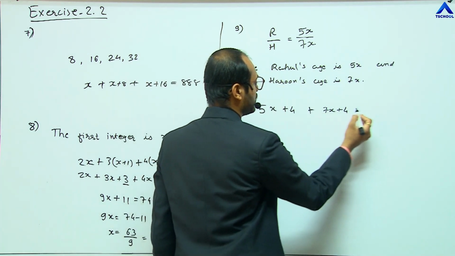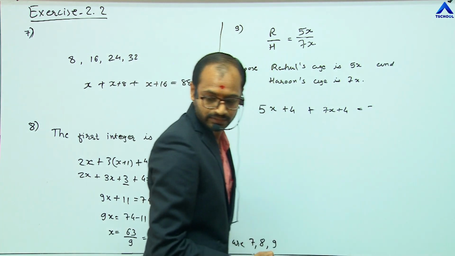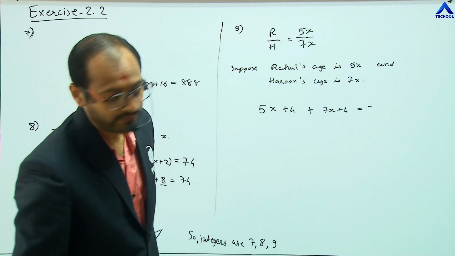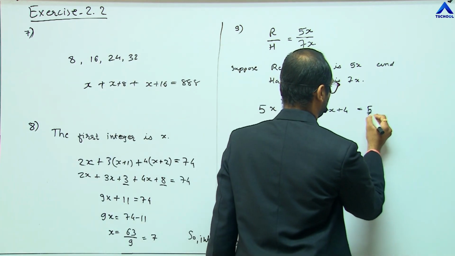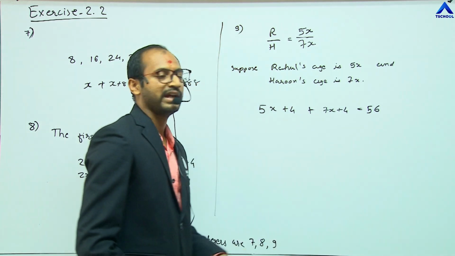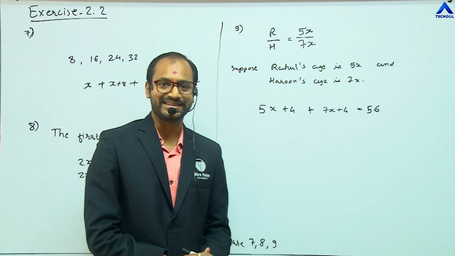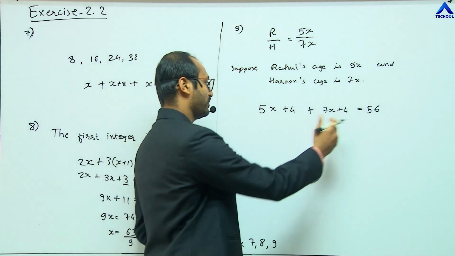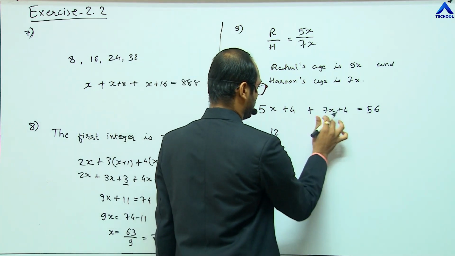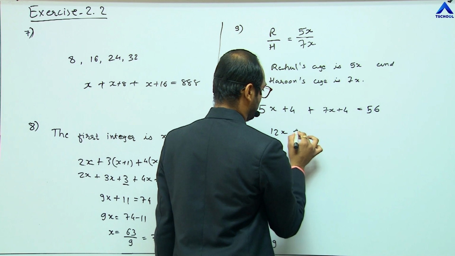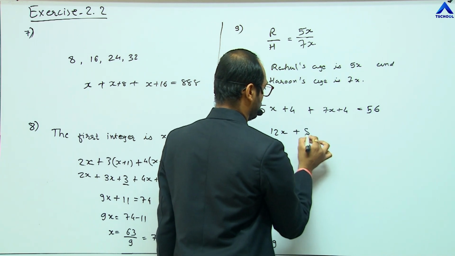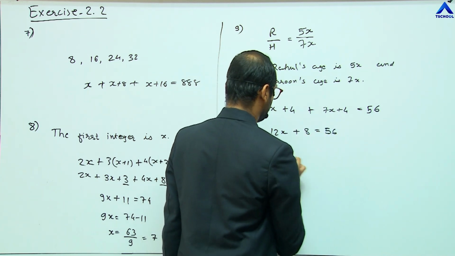And the addition is 56 years. Now we get a simple equation. You can solve it in a very easy way. Clear? So you can solve this like 5x plus 7x is 12x, plus 4 plus 4 is 8, equals 56.